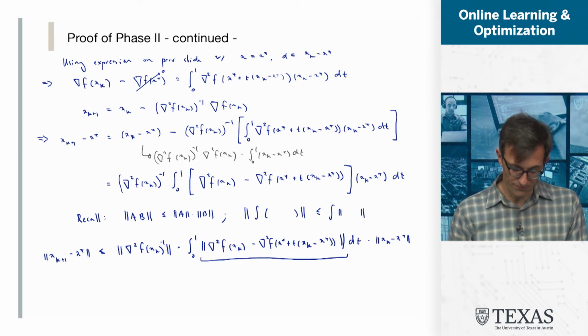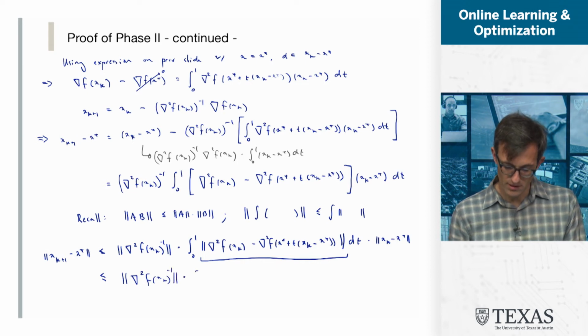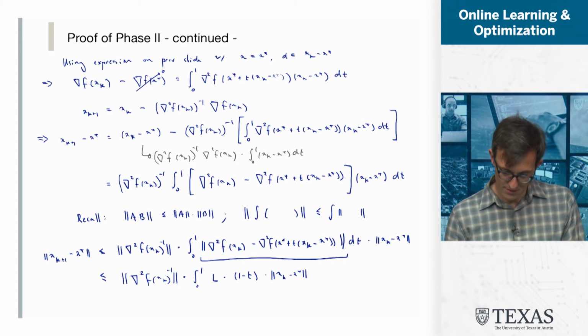So this whole thing is now upper bounded by the norm of the Hessian inverse, times the integral from 0 to 1 of L times 1 minus t times norm of xk minus x star dt, times the norm of xk minus x star.